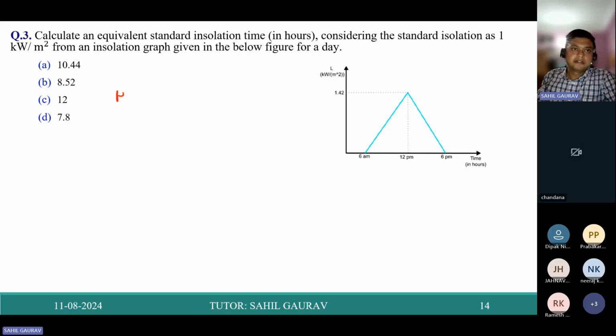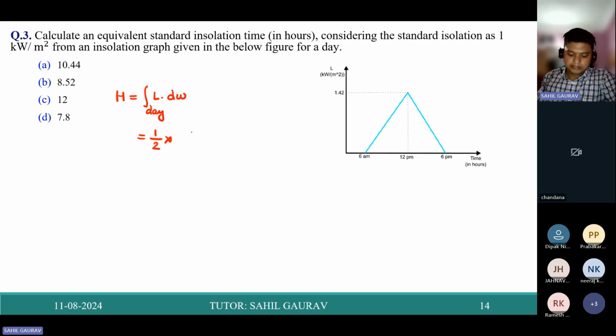So how can we find the total insolation energy per day? This is the integration of L dω for a day. So we have to take the area of the triangle.